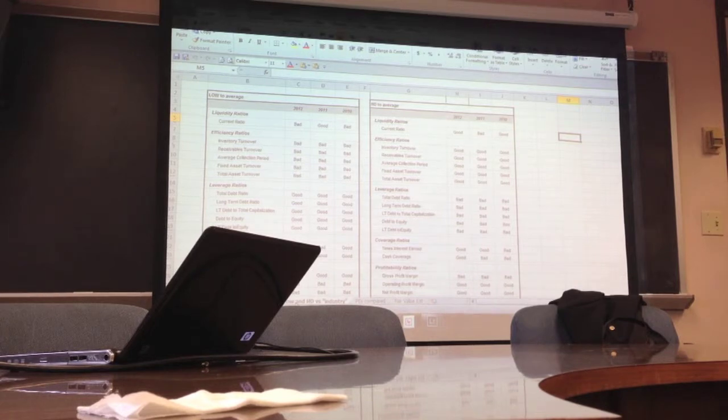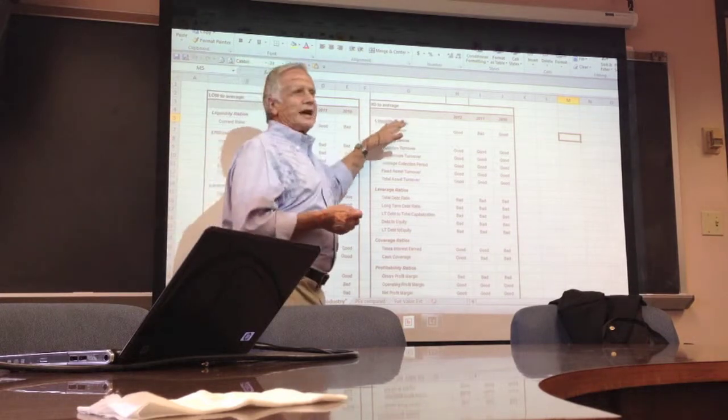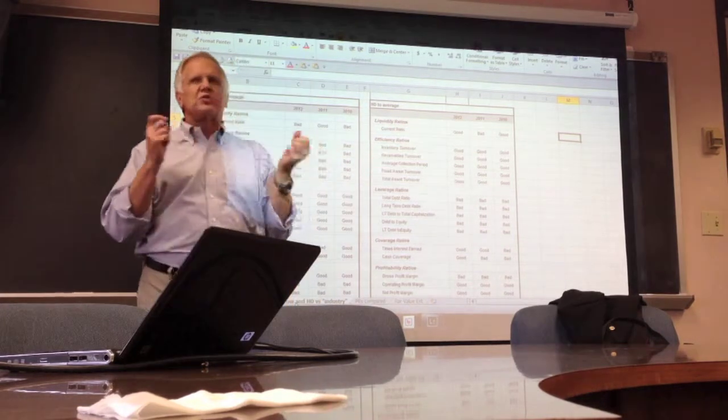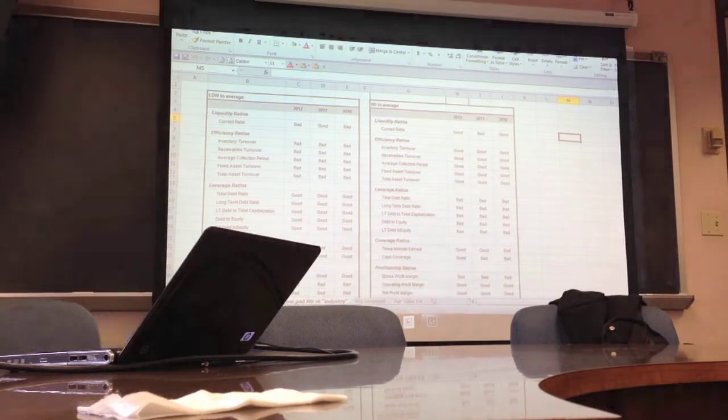So if the PE of the market is 18, the PE of those retail stores on average is probably going to be about 17, just a little bit less because they don't grow as quickly. And then the third thing you have to do is look at the two companies relative to the average and say which one is better and which one is worse.